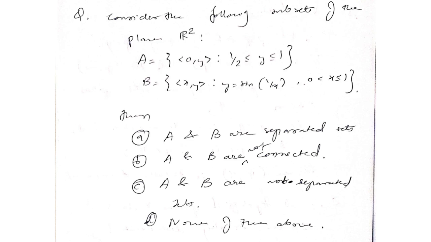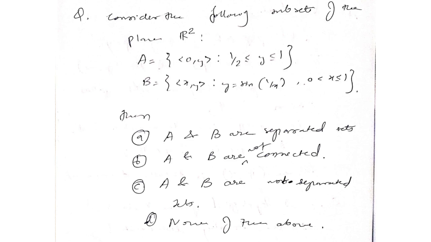So you're getting that A and B are separated sets. Are you sure? What is the definition of separated sets? A intersection B closure is empty and B intersection A closure is empty.